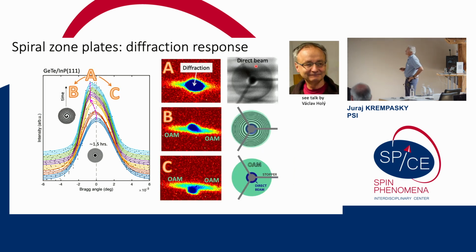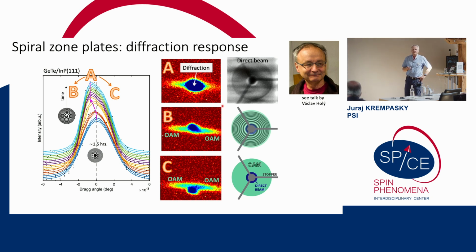There is one more thing we need to bear in mind in this experiment, which I mentioned already in the beginning: the diffraction of the OAM light doesn't work well. What it means is that if we observe what happens with this diffraction peak as we scan through the rocking curve, we have an intensity which is due to the diffraction of the direct beam, and also some streak, which we realized is the diffracted OAM beam.